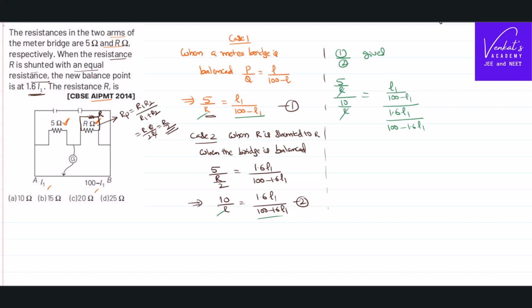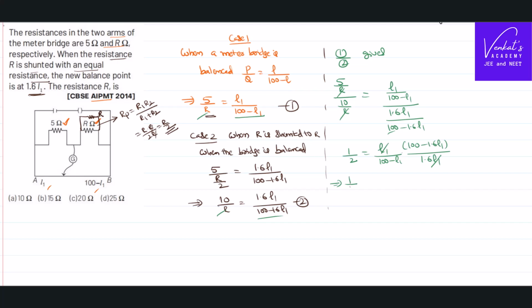So, this R and R will cancel. 5 by 10 equals 1 by 2. This is L1 by 100 minus L1, and the denominator goes to the numerator by 1.6 times L1. L1 will cancel.